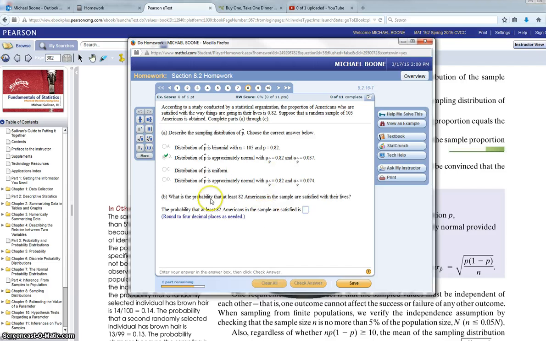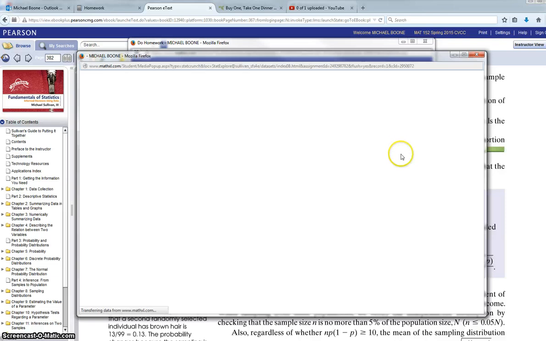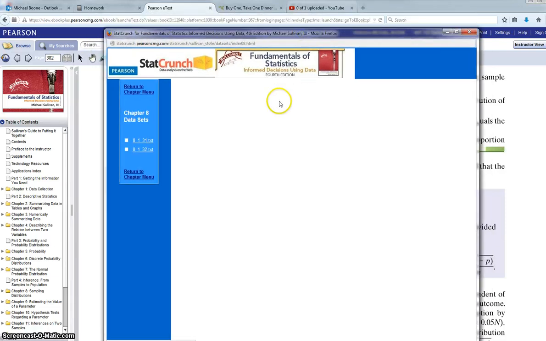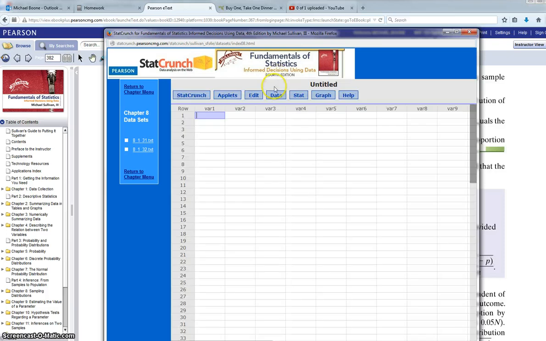Next, it's going to say what's the probability that at least 82 Americans in the sample are satisfied with their lives. So they gave us a number, 82, but we've been dealing with proportions. So let's check this out. I'm still going to use a normal calculator.